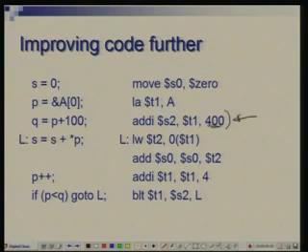It is 400 which is added here in place of 100, and S2 now contains the starting address of A plus 400, which is now the final address. So, rest is same, and the comparison here is between P and Q, right. So, this is our final code after having all these improvements done.